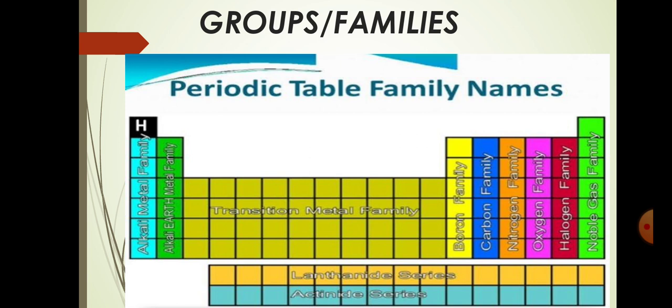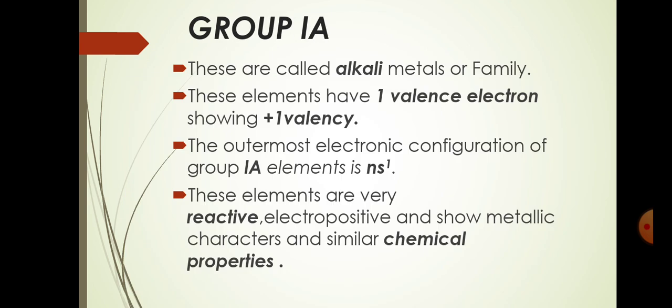First we discuss the alkali family, group 1A. Group 1A elements are called the alkali metals or family. These elements have one valence electron, showing +1 valency. Their outer electronic configuration is NS1. These elements are very reactive, electropositive, and show metallic character and similar chemical properties.